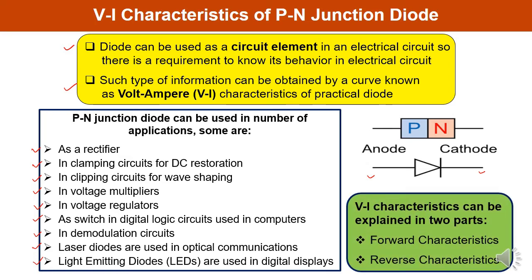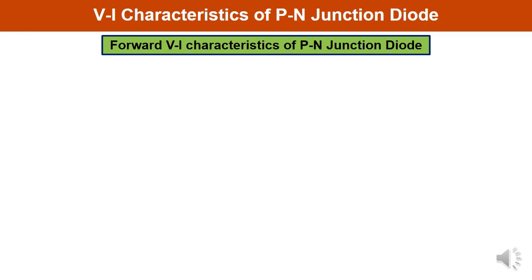VI characteristics can be understood in two parts, by studying its characteristic in forward bias condition, and second in the reverse bias condition, meaning forward characteristics and reverse characteristics. Let us first draw the forward VI characteristics.